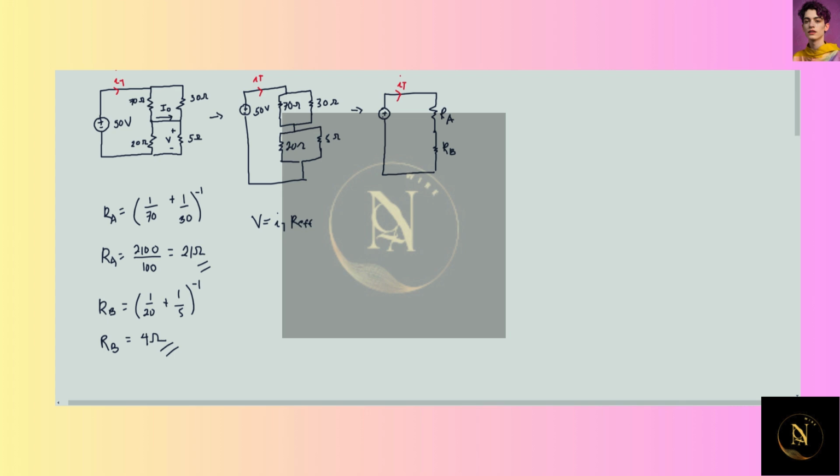Our voltage source has an EMF of 50 volts, and the effective resistance is Ra and Rb in series connection. So we simply get the sum of that, which is 21 ohms plus 4 ohms. We get 50 volts equals IT times 25 ohms, or IT is equal to 2 amperes.